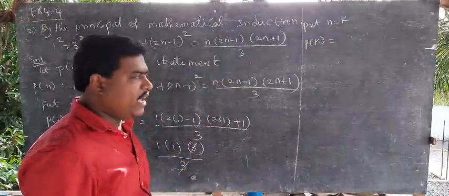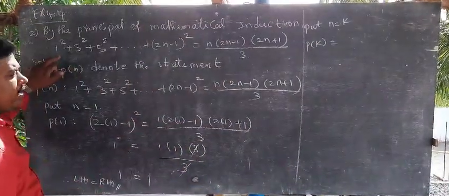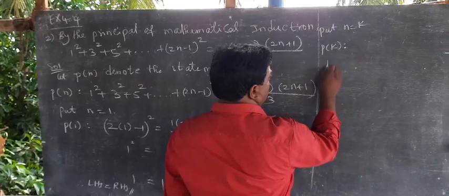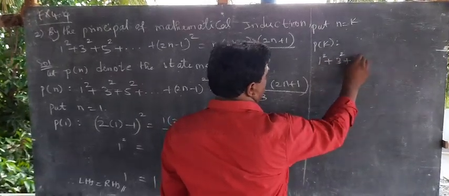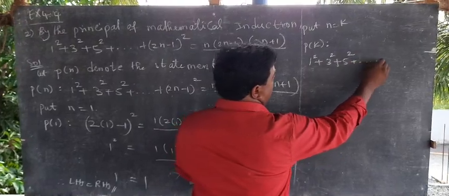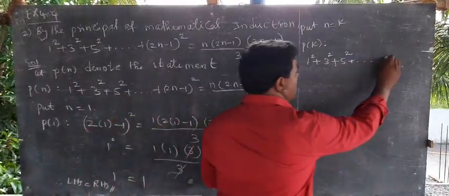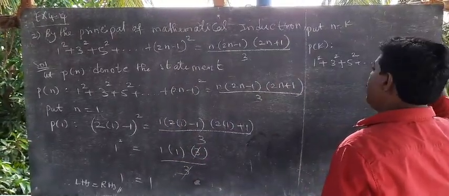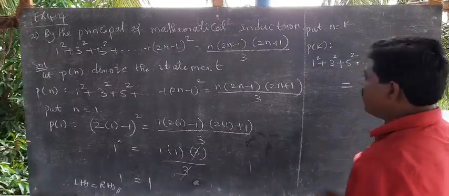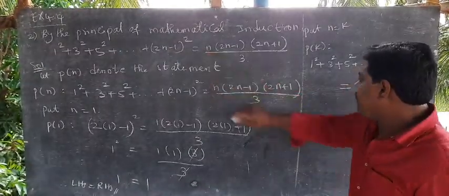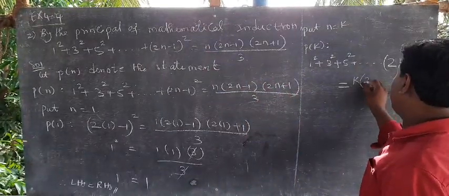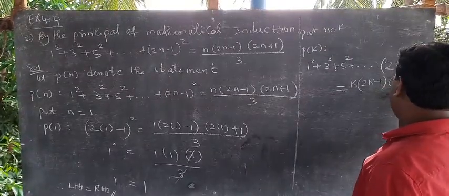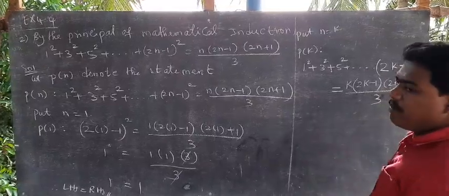So 1 square plus 3 square plus 5 square plus and so on, 2k minus 1 whole square, this equal to, here also you have to apply k, 2k minus 1, 2k plus 1 by 3.